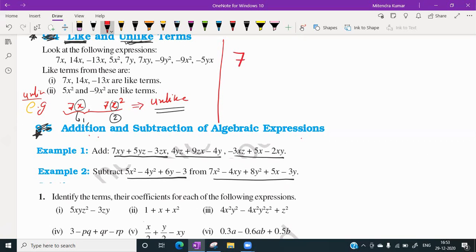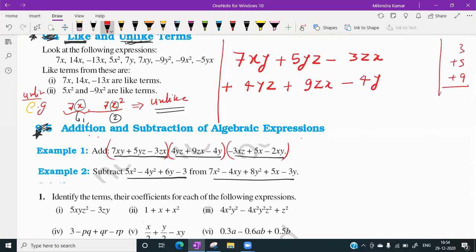ये क्वेश्चन क्या है? Okay. You have to add this: 7yz minus 3zx, then add 4xyz. You have three expressions and you have to add them. So just like numbers में अगर मैं बोलूं कि 3 plus 5 plus 9 कर, similarly I'm doing this plus.